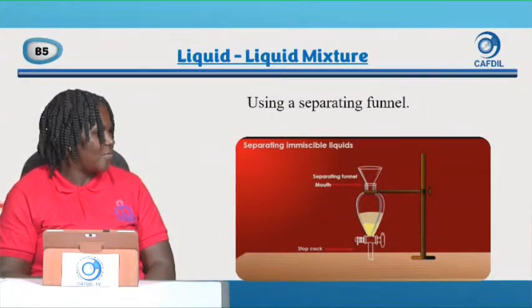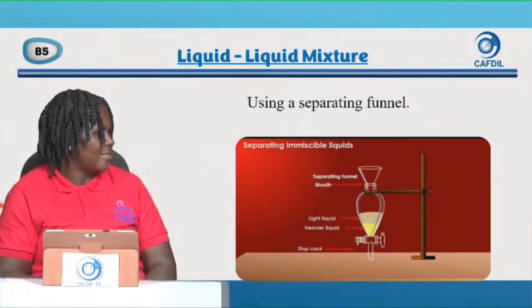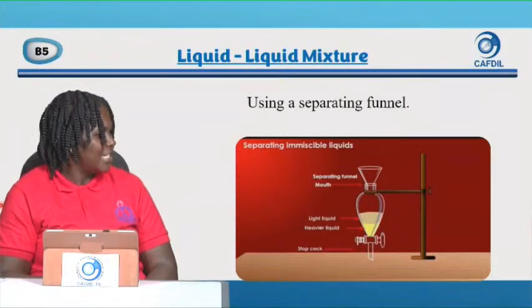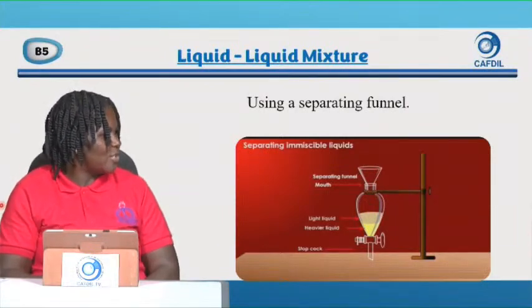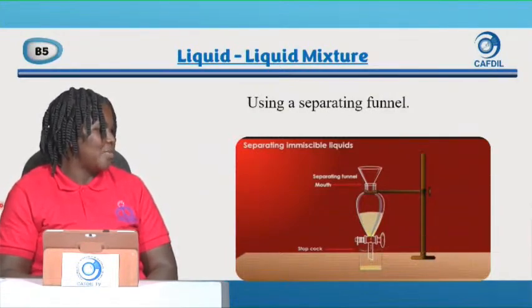So this is how we are going to go about it. We have the light liquid and then the heavier liquid. So let's look at how we use the separating funnel to separate the immiscible liquids.